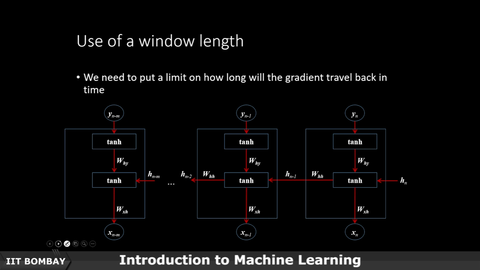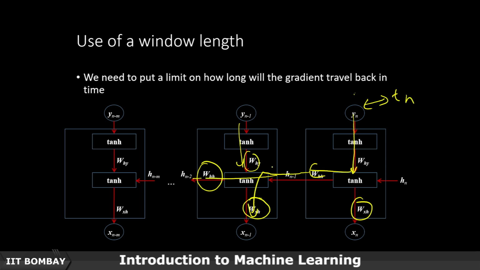So these are only affected by one output, the w of hy, but w of xh and w of hh are being affected by several outputs. We cannot have them affected by an infinite number of outputs if we have a very long sequence. So we just limit it to, let's say, a window of 50 or 100. Within that window we will tune it for every output, and it will back propagate back through time.